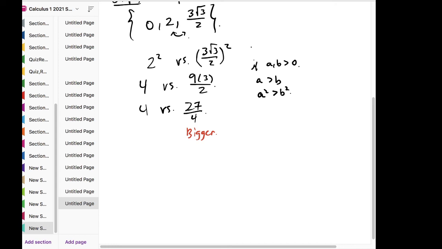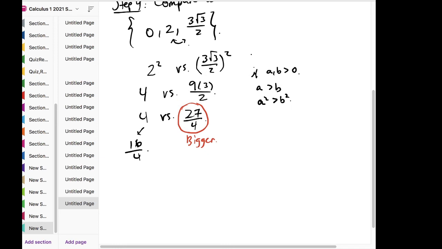Yes. Wait, is it? Yeah, 16 over 4. This is 16 over 4. All right, everyone see that? Just a way to do it without a calculator.